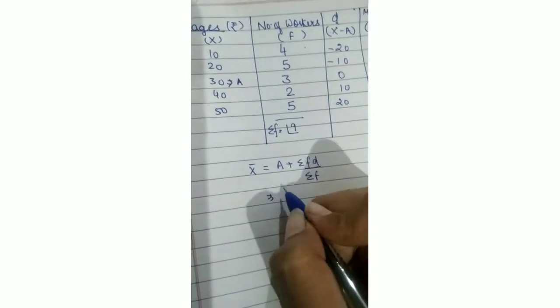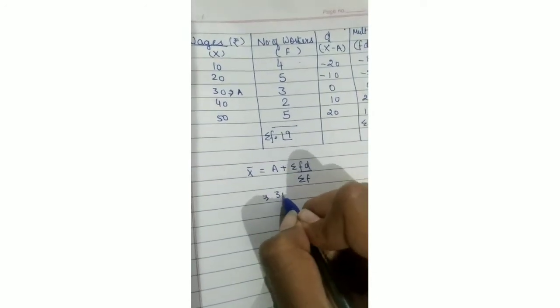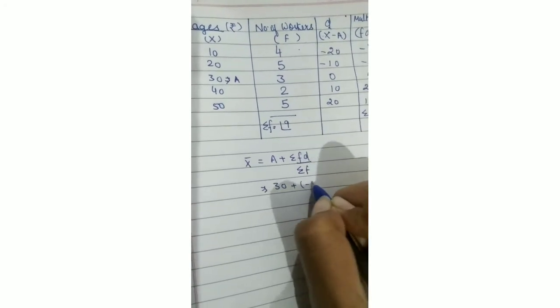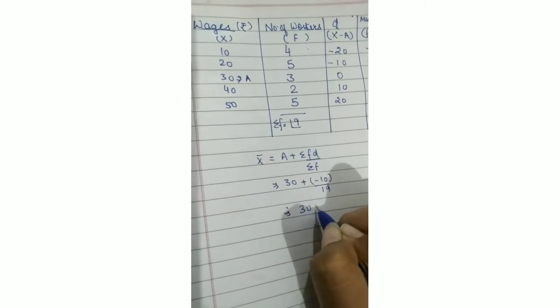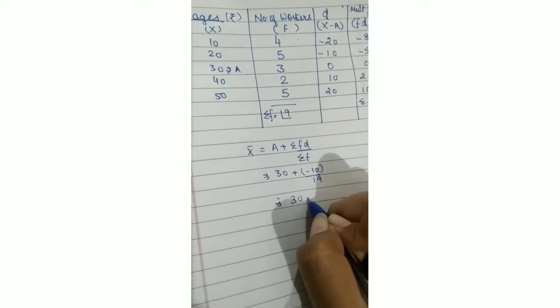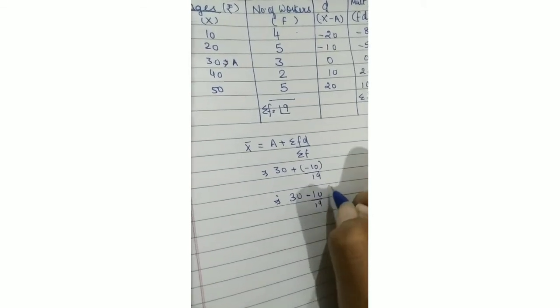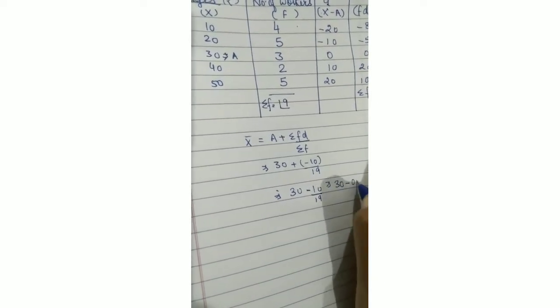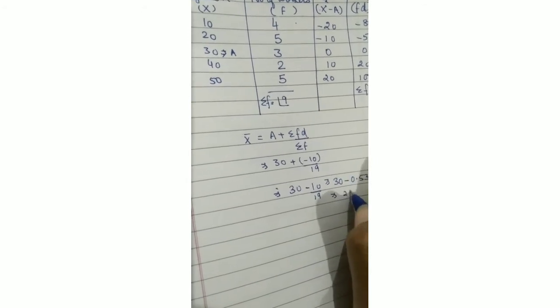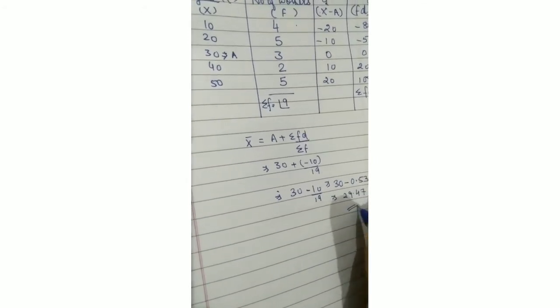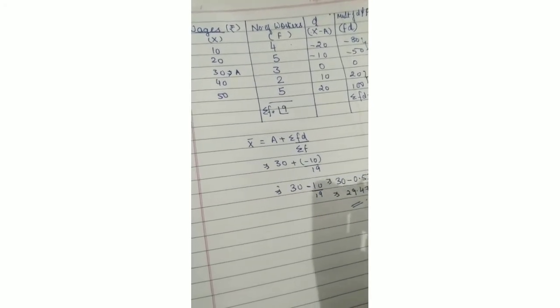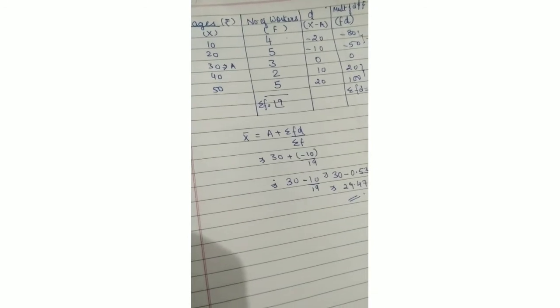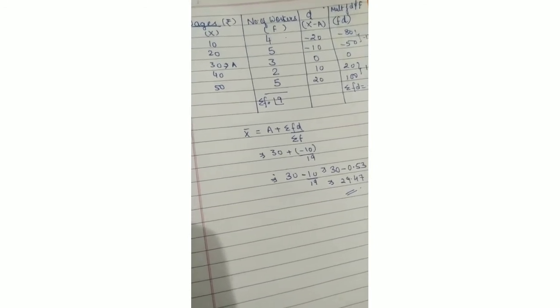After applying all this in our formula, we will get our arithmetic mean, that is 29.47. So this is all about finding arithmetic mean in a discrete series by using the shortcut method. Hope you liked it.